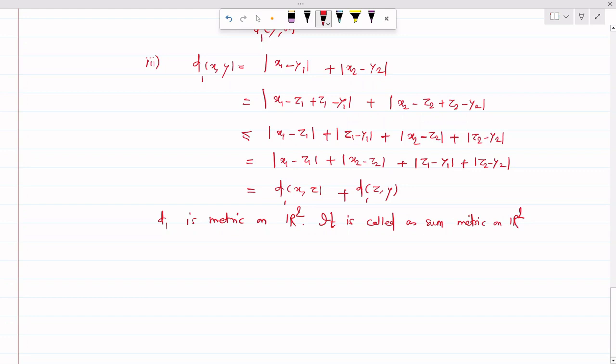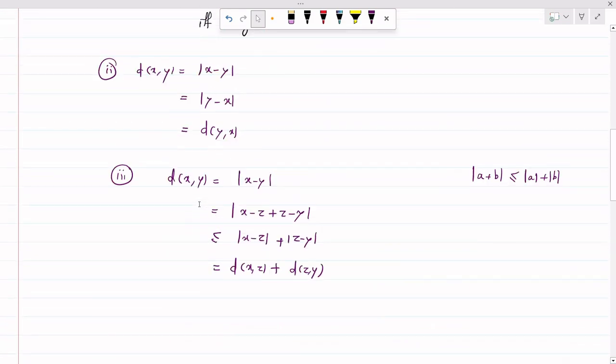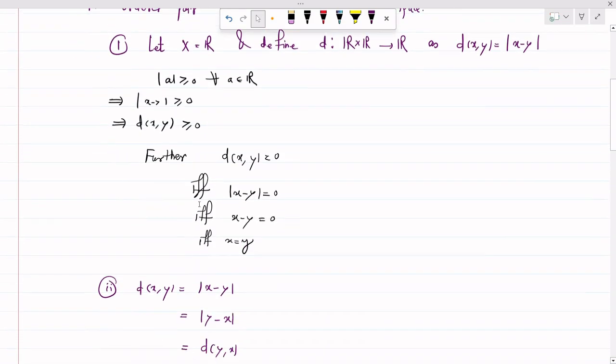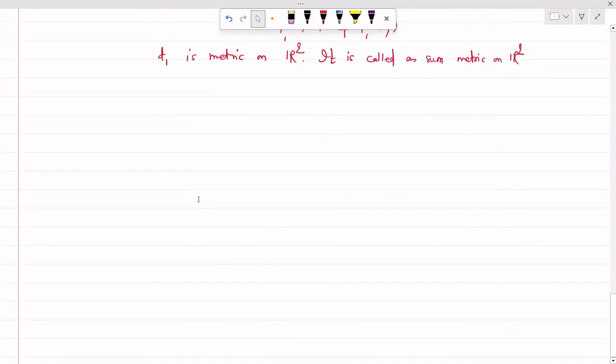If we move to the next example, we can easily establish one more example. As we saw in the first example that it was the usual distance on real numbers, we can take distance between two ordered pairs in R2. So we will write that example here now. So I will move to the third example. This is a very important metric actually.